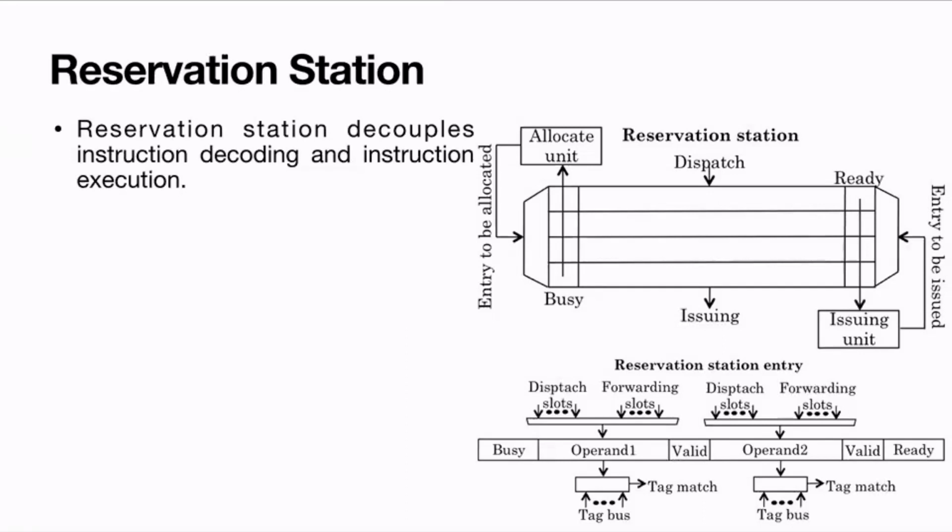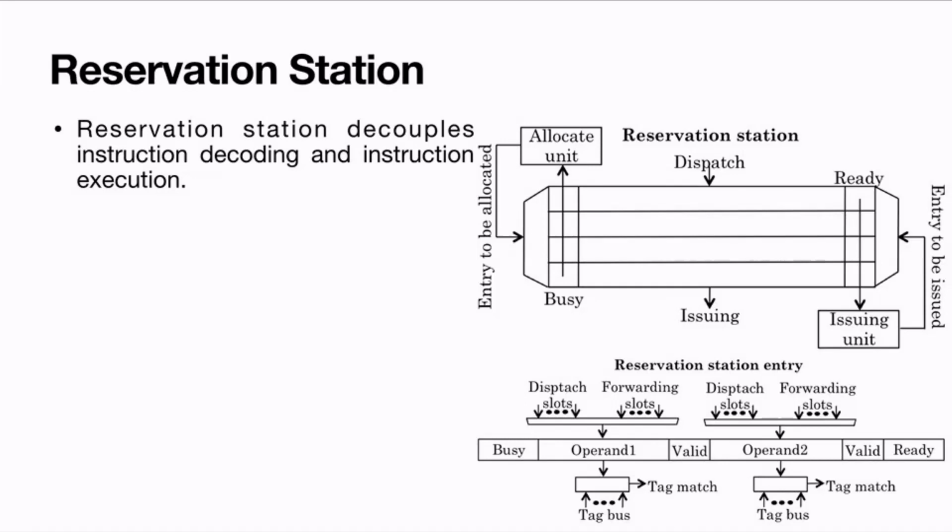In a scalar processor, you have only one instruction at every stage of the pipeline, so in a pipeline register you hold only one instruction. When you forward, you are forwarding to that single entry buffer, which is a pipeline register. But here, instead of a single entry buffer, you'll have multiple entry buffers, and you can have multiple such reservation stations, with a common bus connecting to all of them, and the data will be forwarded on it.